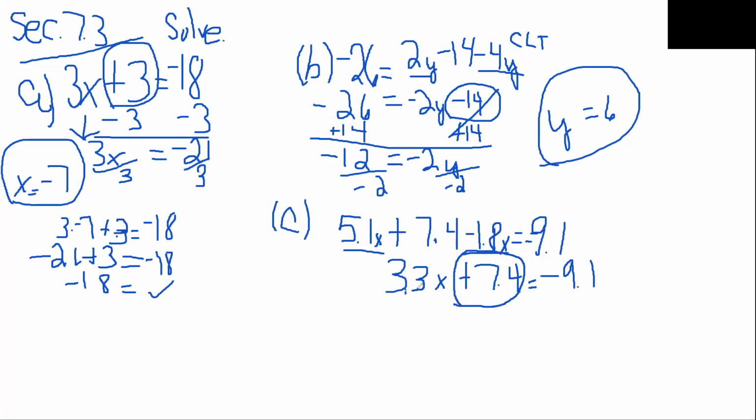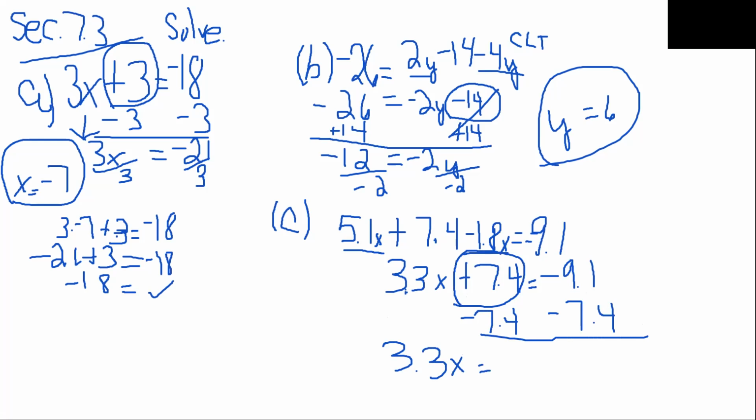Here I will take a positive 7.4, and again I'm solving for x, and I will subtract 7.4 on both sides. So I have 3.3x left on this side.